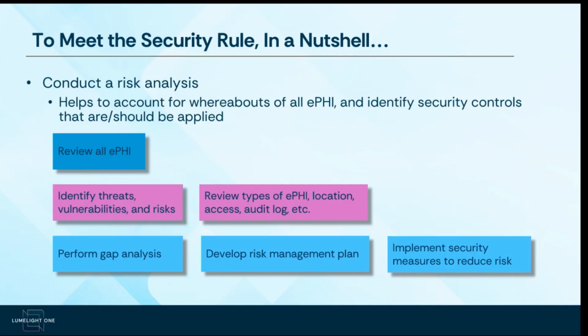This involves reviewing and identifying all of the ePHI that the covered entity holds and where that ePHI is used, shared, or stored, and identifying any risks or vulnerabilities to that ePHI. The covered entity can then develop a risk management plan that can best mitigate or reduce that risk to the ePHI.